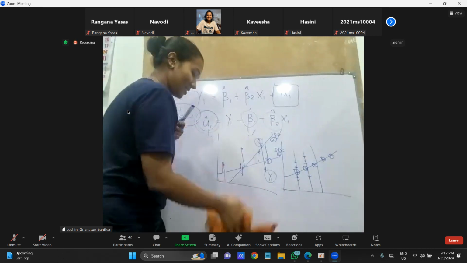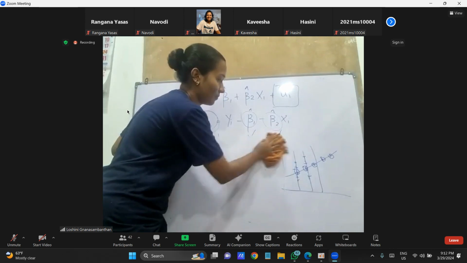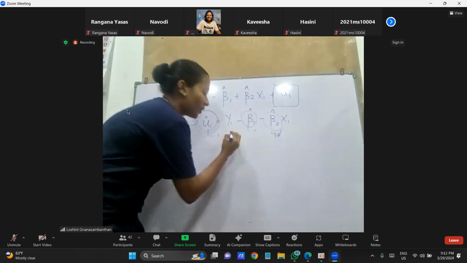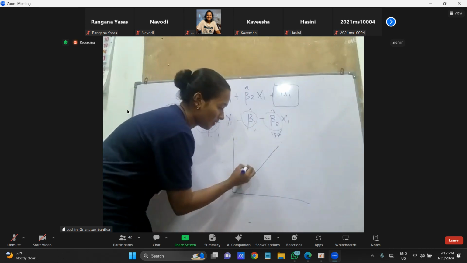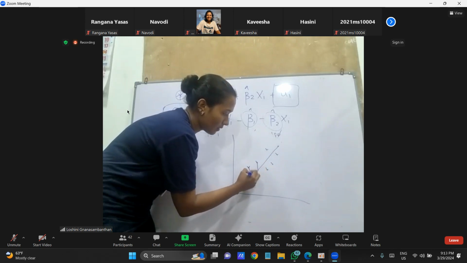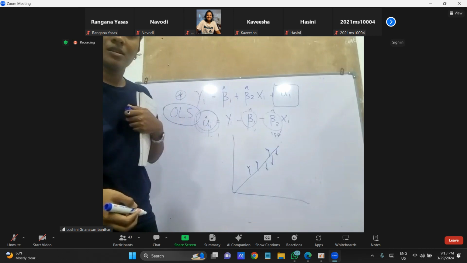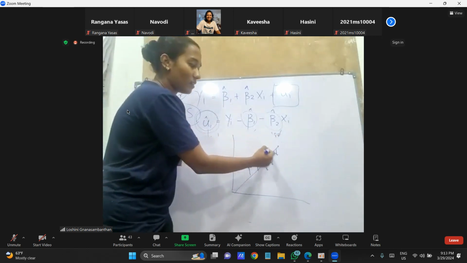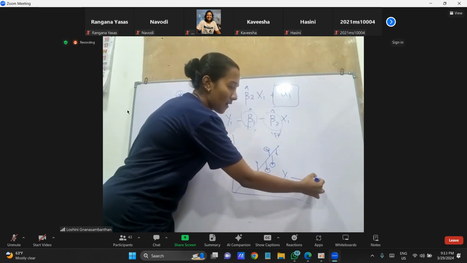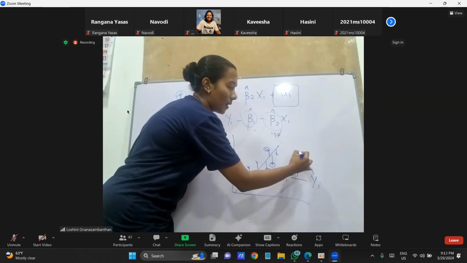So basically what I'm trying to do, I think you can understand. We want to create a line which has the distances between the yi and the yi hat at a minimum.